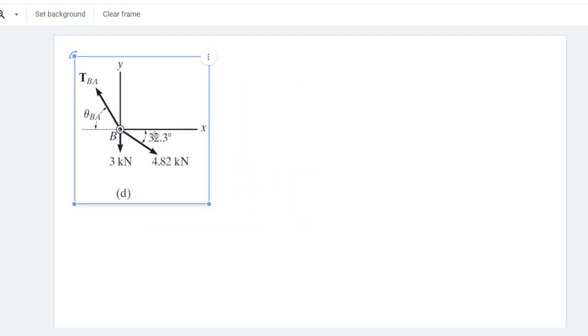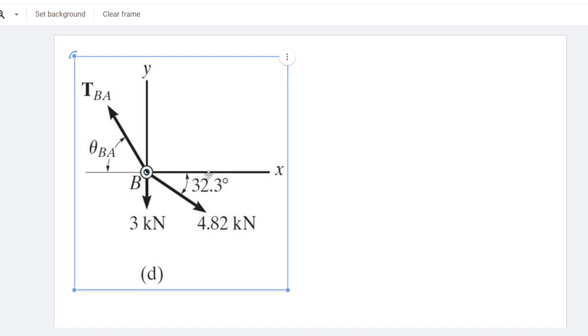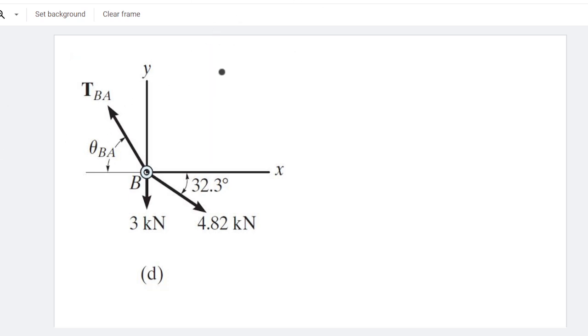Now let's proceed to the last part. If we already have BC equal to 4.82, then we can compute theta and BA. We need theta because we need to compute the height. Here we sum up forces horizontal equals 0, taking going to the right as positive.